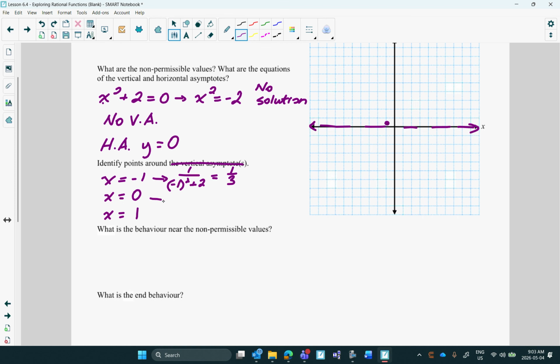If x is 0, 1 over 0 squared plus 2, that gives me a half. So slightly higher.